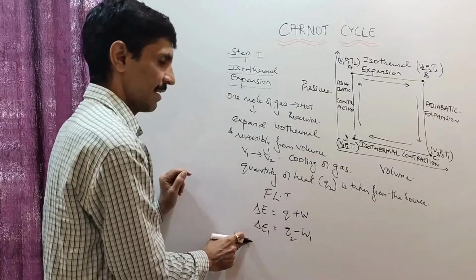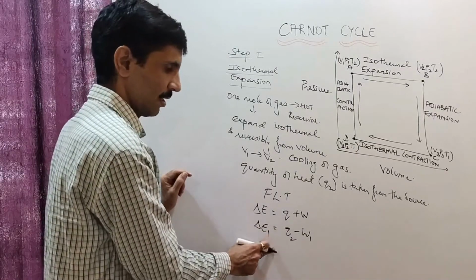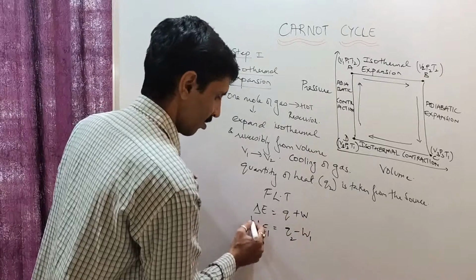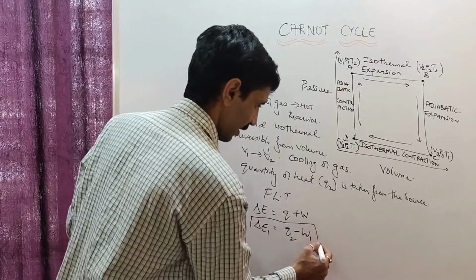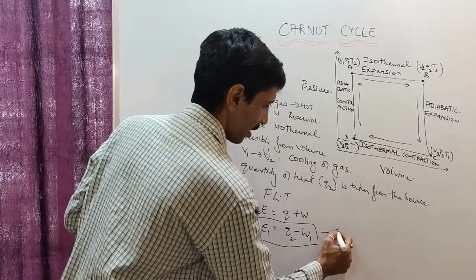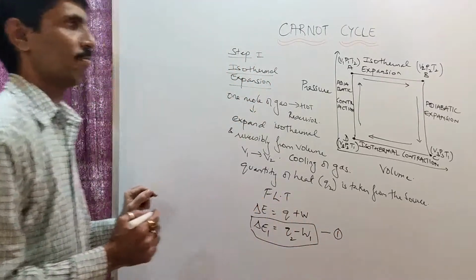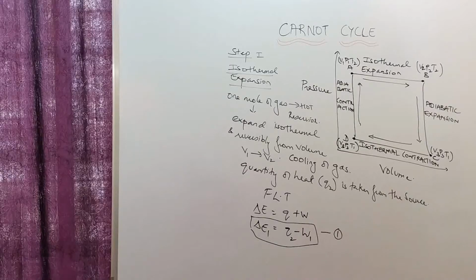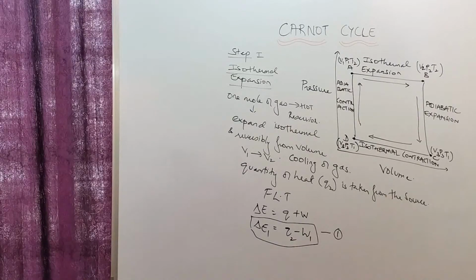So we have delta E1 is equal to Q2 minus W1. This is the change in the internal energy for the first step, which is the isothermal expansion of gas. I hope you have understood this first step very well.